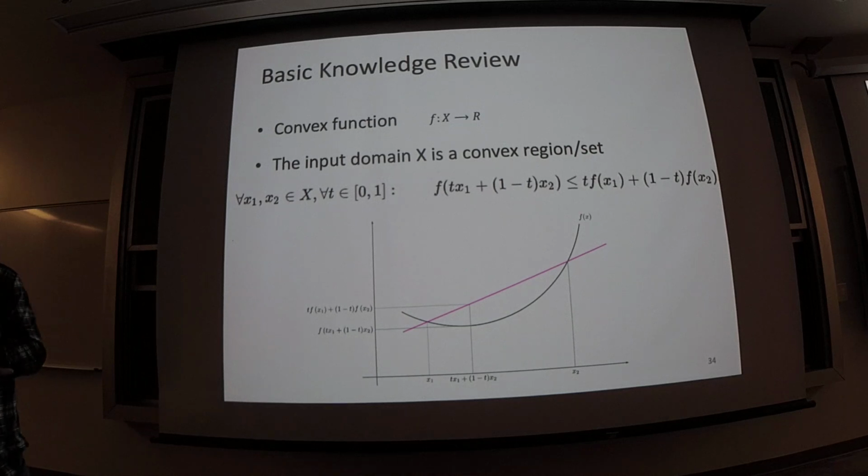Can we say that if the second derivative of the function is positive, it's always convex? Yes. That's a very commonly used criterion to test whether your function is convex or not. Second order derivative, whether it is positive. Yeah, I'll list it later.